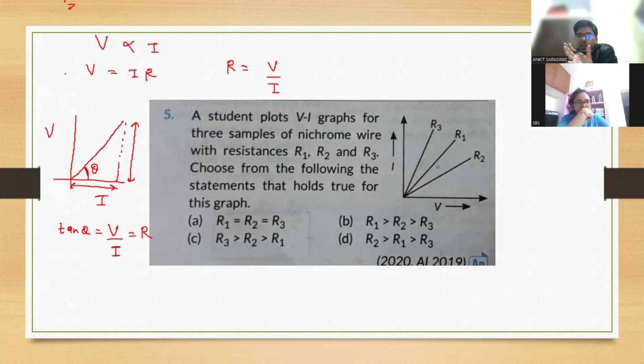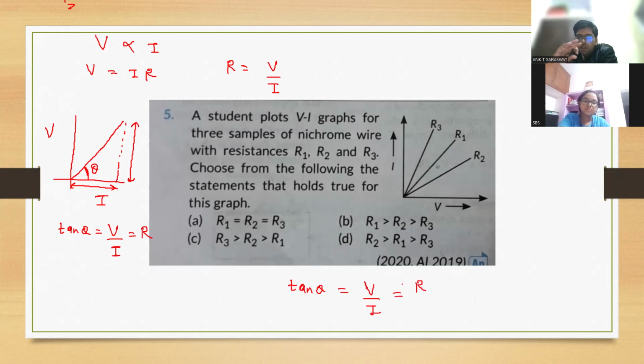Slope means the inclination with the x-axis. The more the inclination, the more the slope. That is the meaning. If I write here, R is tan theta, which is equal to V by I, which is equal to R.